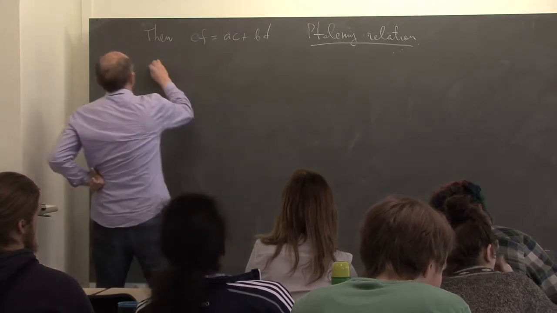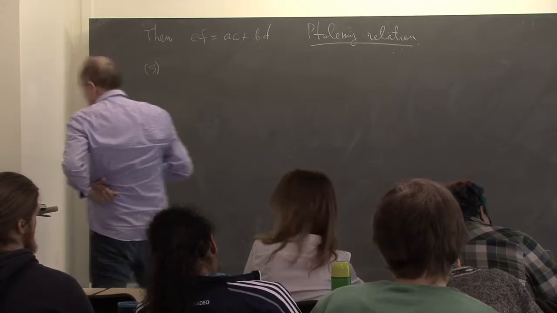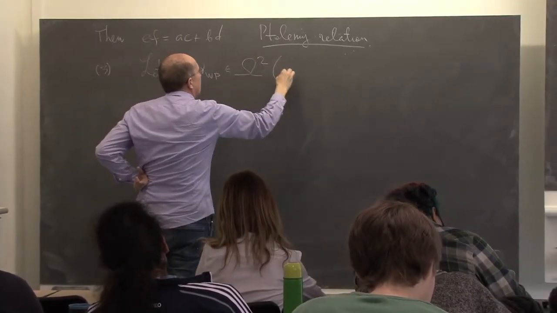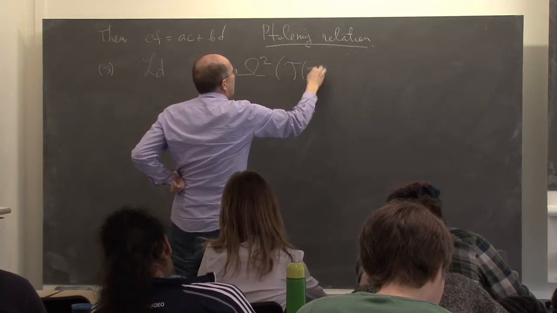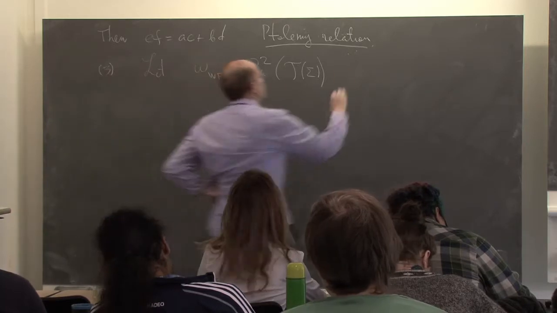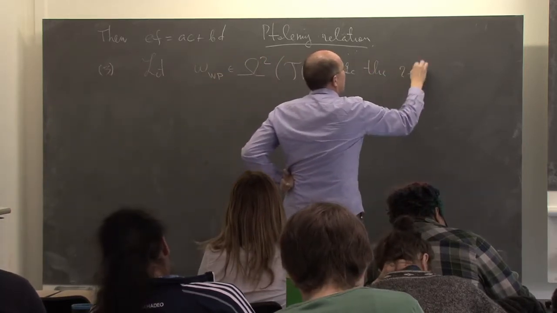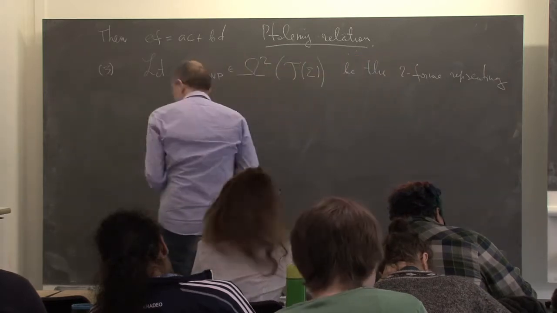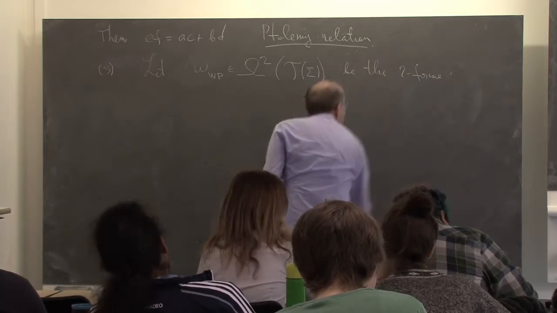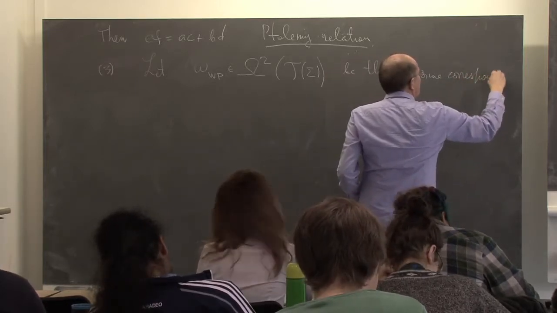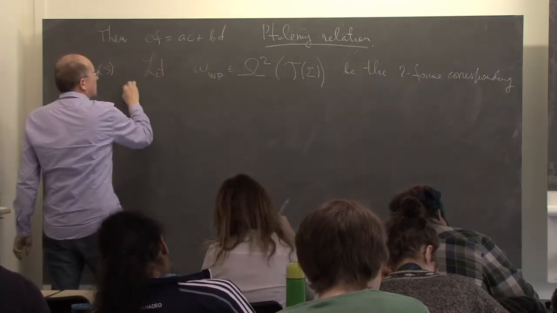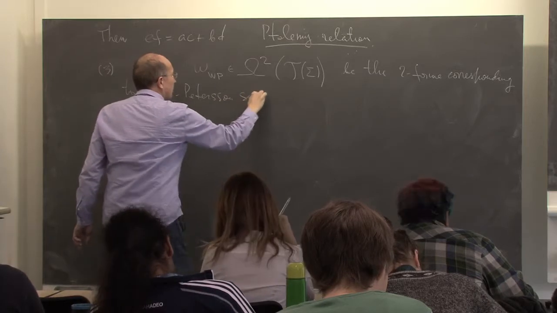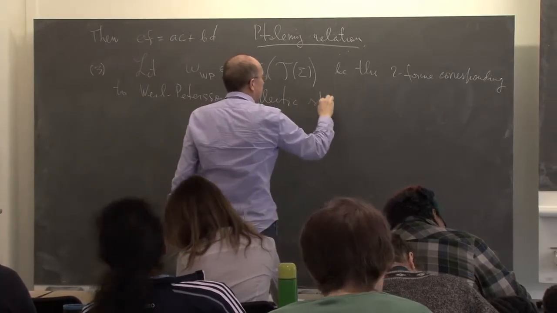That's the second part. And third part. So let omega WP be the two-form corresponding to the Weil-Petersson symplectic structure.